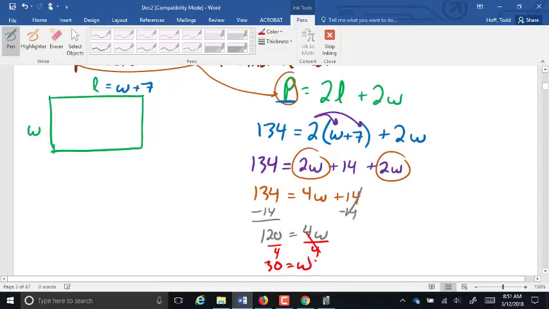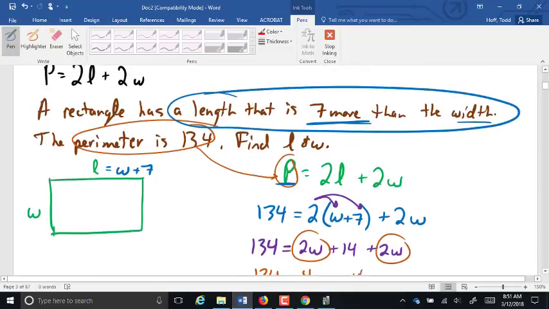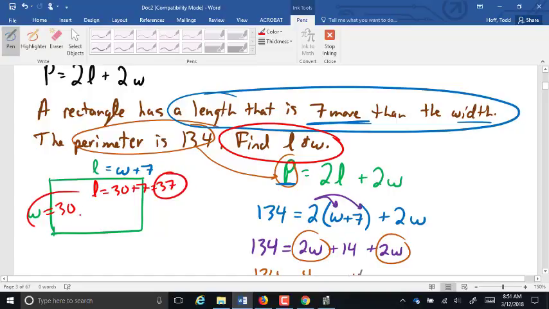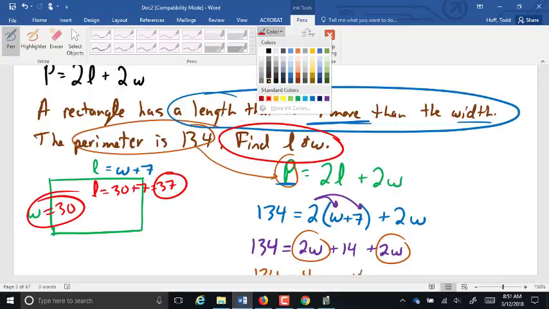So 30 equals W. Now we have to make sure we go back and answer the question. W equals 30. Well, W is just the width. But we want to find the length and the width. Well, the length is W plus 7. So that's 30 plus 7 or 37. So we have the length is 37 and the width is 30.